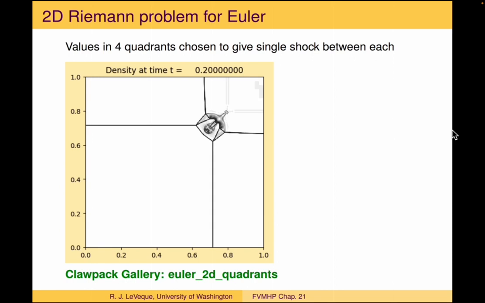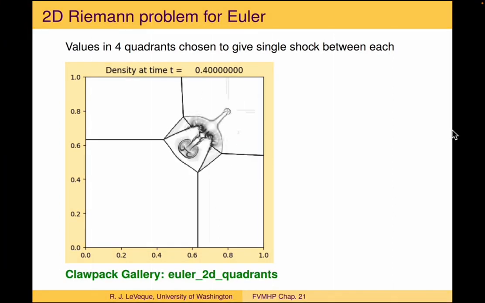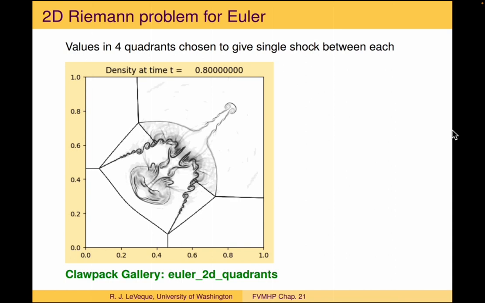If we zoomed in on a very small region and blew it up, that should in principle look exactly like what it looks like here at a later time. It won't exactly, because of this roll up of the slip lines, but if we were really solving the inviscid Euler equations exactly, that's the sort of pattern that you would see.